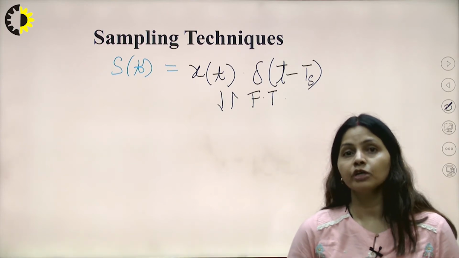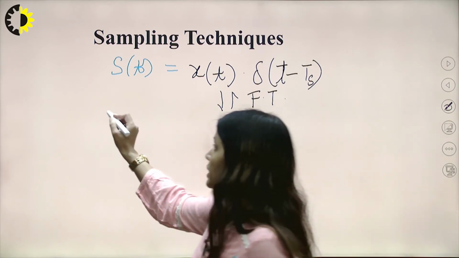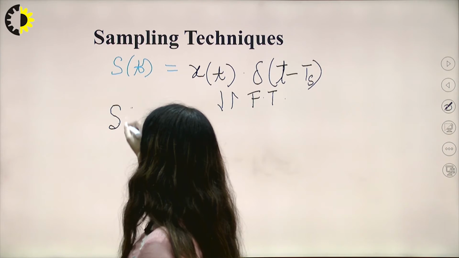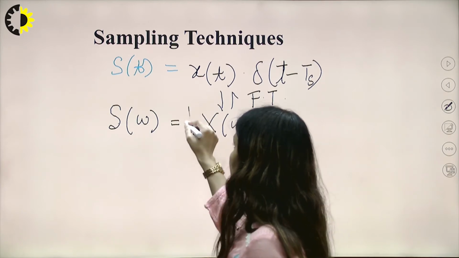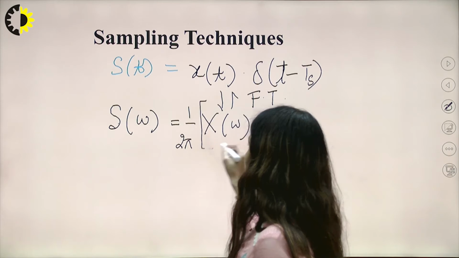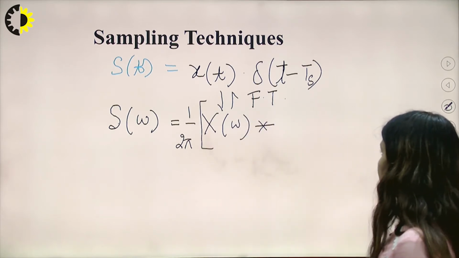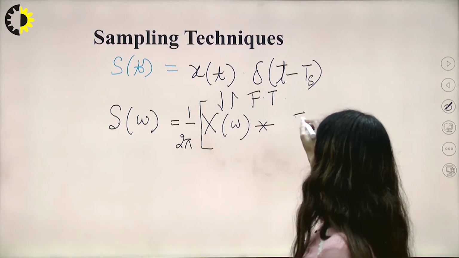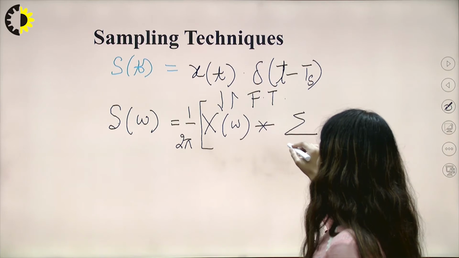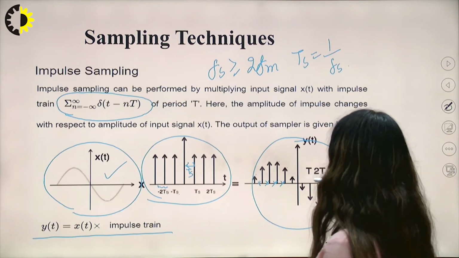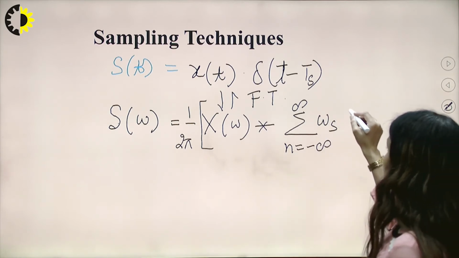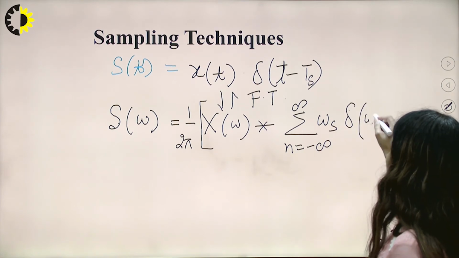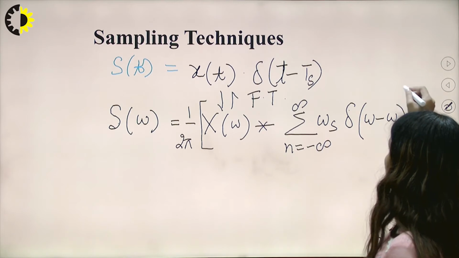Now I would like to take the Fourier transform of this particular signal, and as we know by the Fourier transform conversion formula, this would be X(omega) times 1 upon 2 pi, convolution, summation n equal to minus infinity to plus infinity omega s, delta of omega minus omega s.